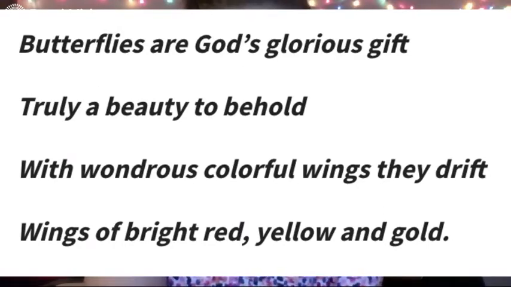So yes, drift and gift do rhyme, so they would both be labeled A. Final line is gold. Does gold rhyme with any previous lines? Gift, behold, drift. Yes, you should hear that gold rhymes with behold, so it would get the same letter of the rhyme scheme. So our final rhyme scheme for this one would be A, B, A, B.